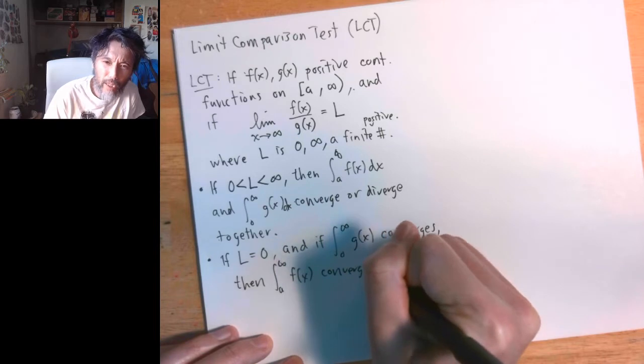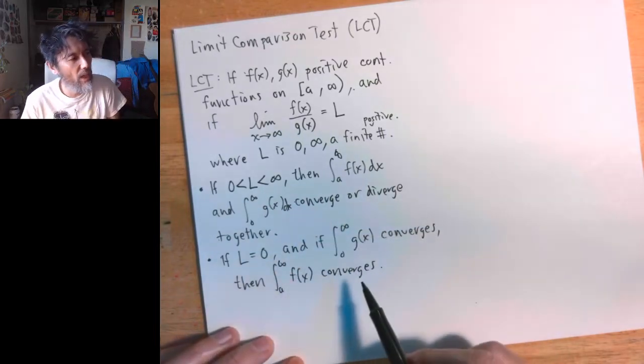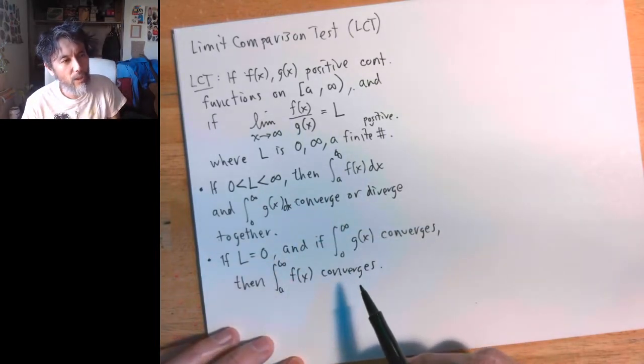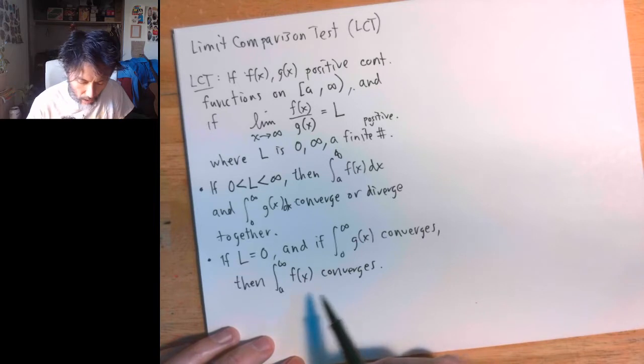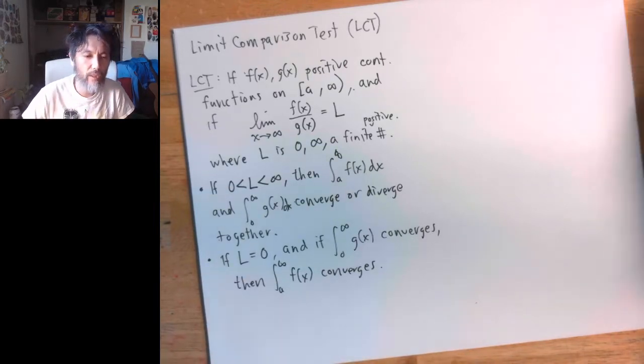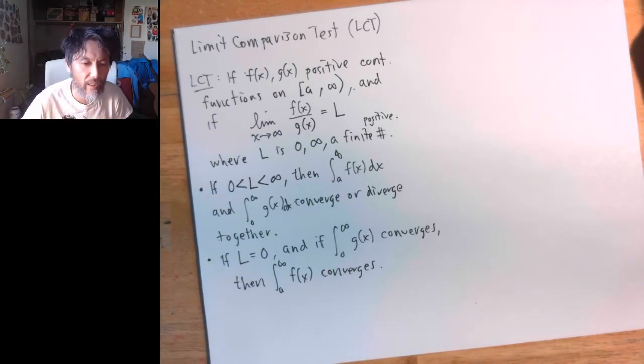I'll try to explain a little bit more about why, or intuitively why this might be so, particularly in light of what we learned from the direct comparison test. But this is the true statement that I wanted to state.